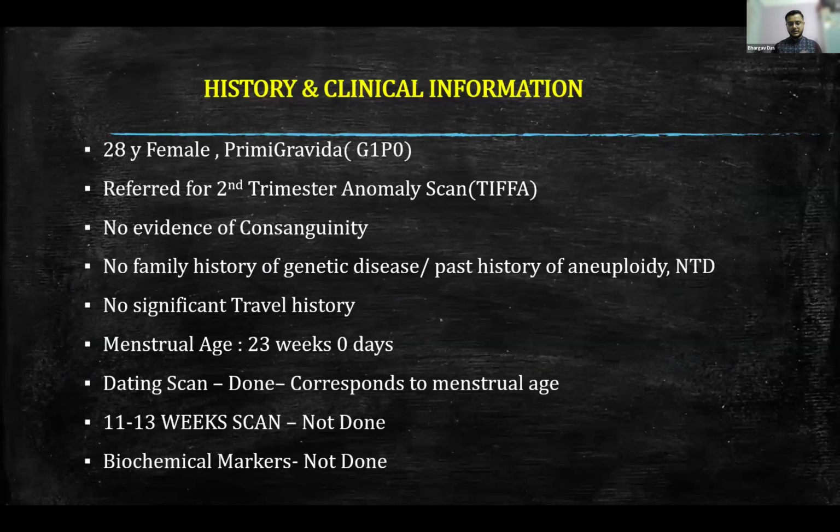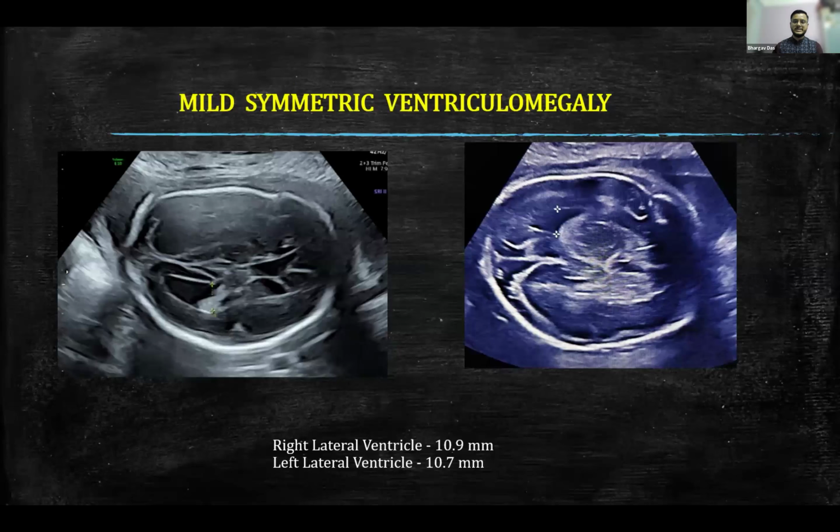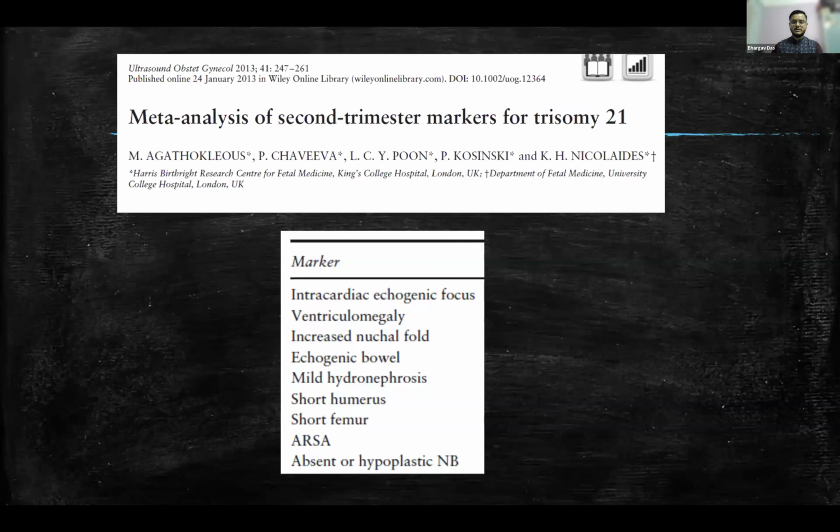When we started the scan, we first scanned the fetal brain, and we found that the lateral ventricles are dilated. The right lateral ventricle is around 10.9 mm and the left lateral ventricle is around 10.7 mm. When we saw the dilated ventricles, the thing that came to my mind is I need to check the central nervous system of the patient, both the spine as well as the brain, and secondly, the soft markers of aneuploidy.